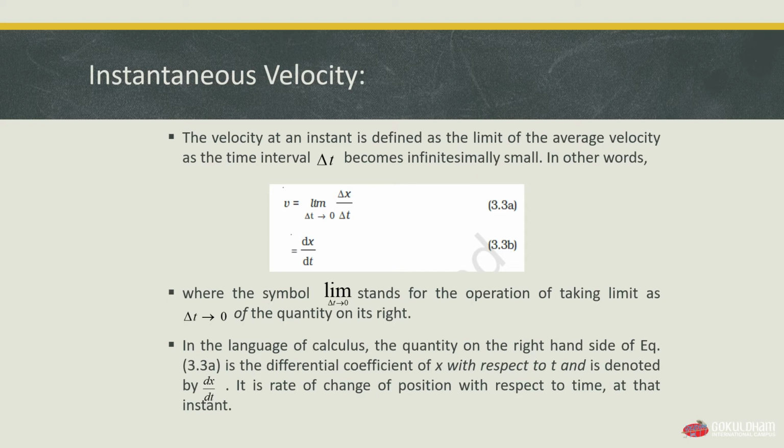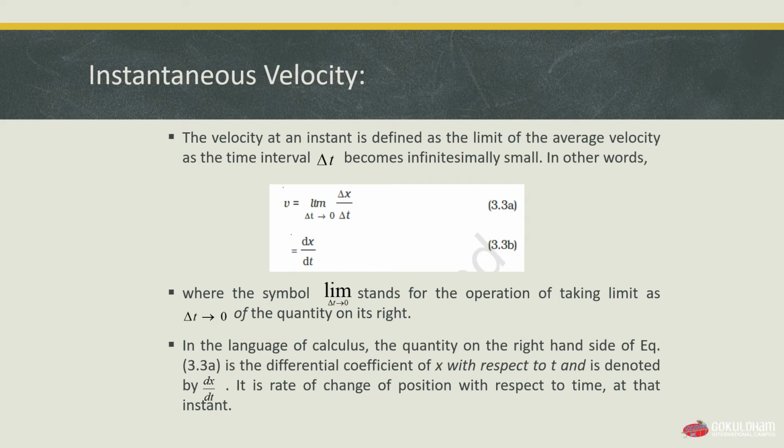Here in equation 3.3a, the symbol limit delta t tending to 0 stands for the operation of taking the limit as delta t tends to 0 of the quantity on its right. In the language of calculus, the quantity on the right hand side of equation 3.3a, which is delta x divided by delta t with the limit of delta t tending to 0, is also said to be the differential coefficient of x with respect to t, and it is denoted by dx divided by dt.